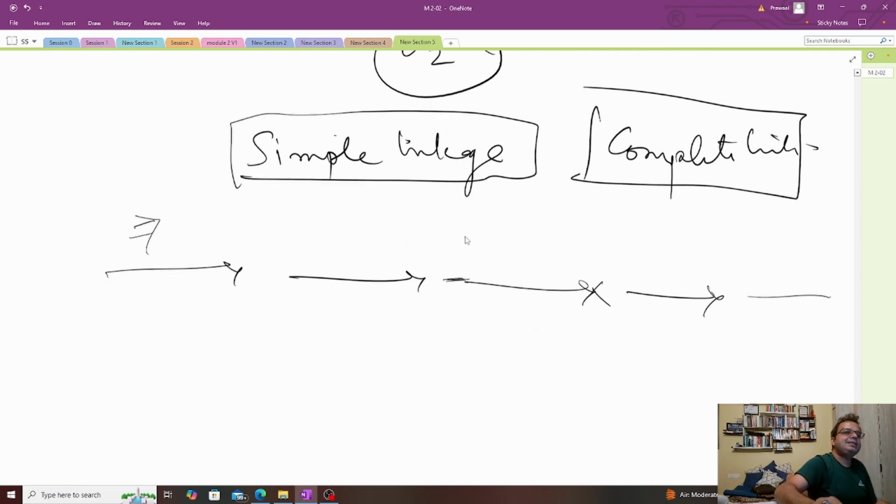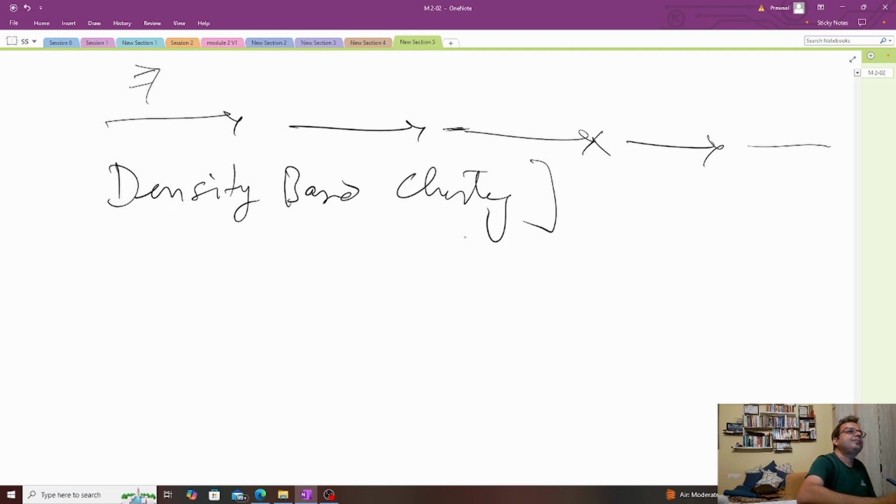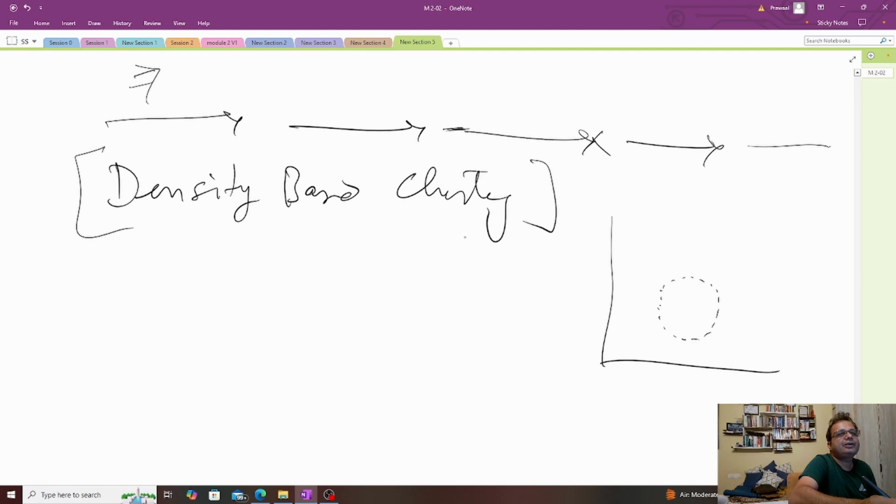And the last thing in this chapter is density based clustering. Now what we have seen is that if your clusters are like this, these are your data points, and there is another cluster which is here.